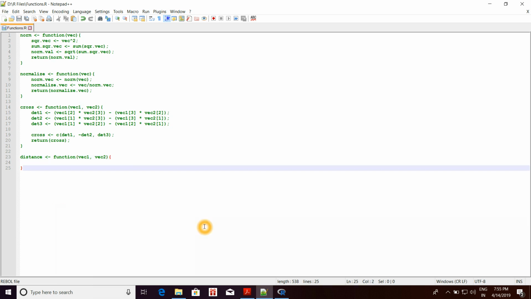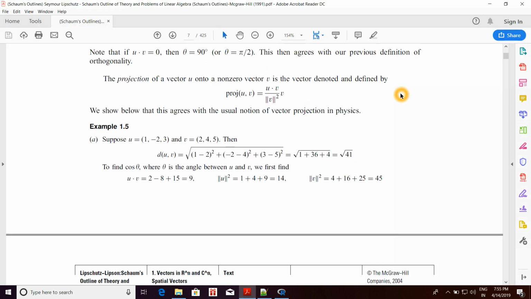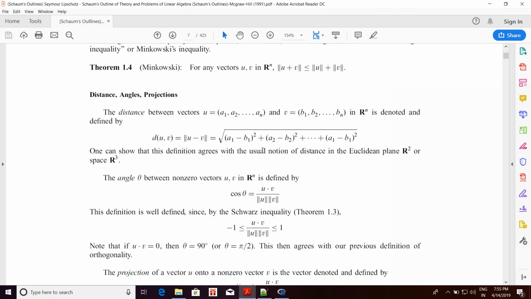Okay. So according to the theory, what we have to do is subtract individual items from the vectors, square them, and then sum them, and then take the square root of that summation. So first we have to calculate the difference between the two vectors.